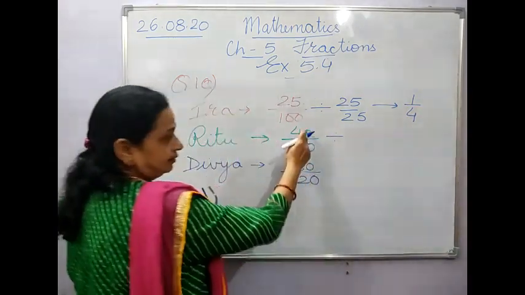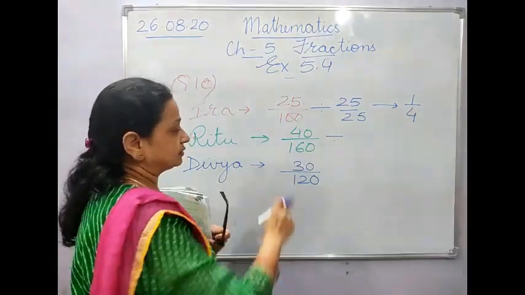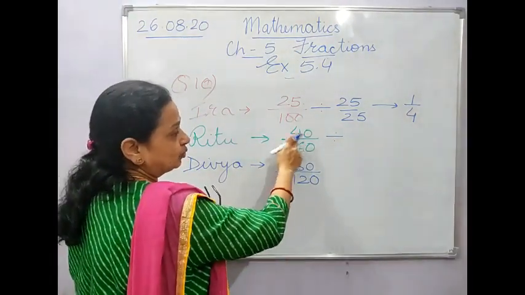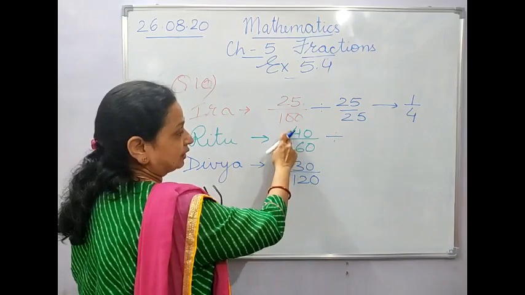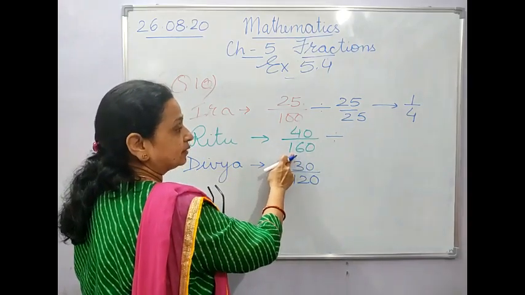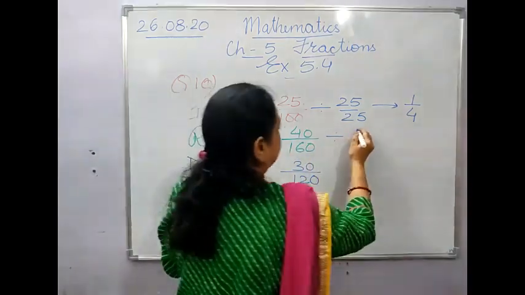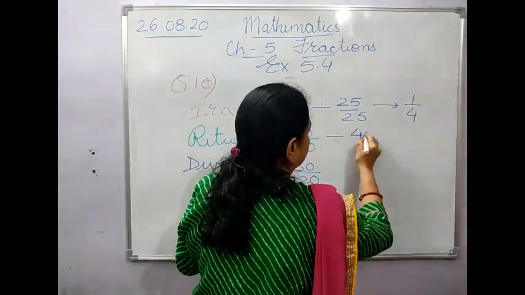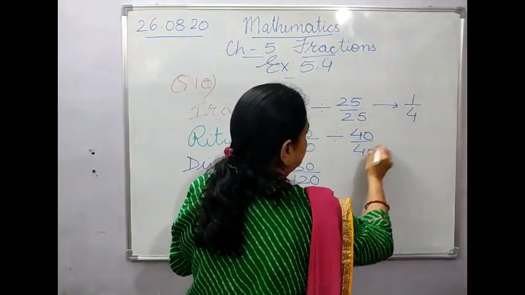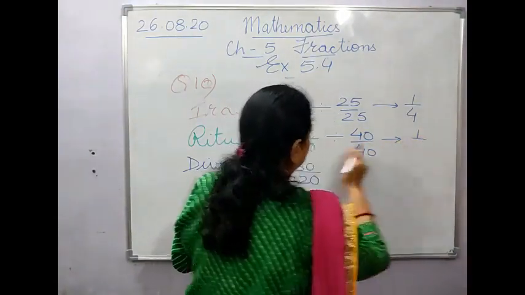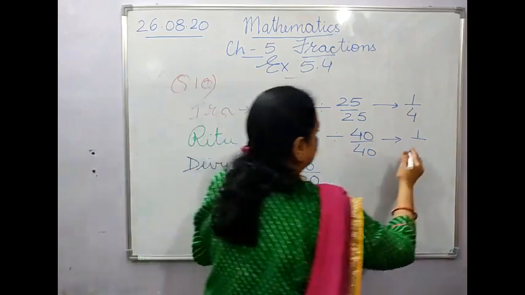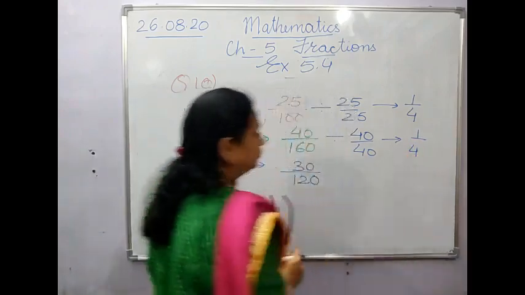Now see, both are multiples of 10, and you know that the 0 will cut over here. 40 and this 160 come in the table of 40. So it is 40 divided by 40. 40 ones are 40 and 40 fours are 160.